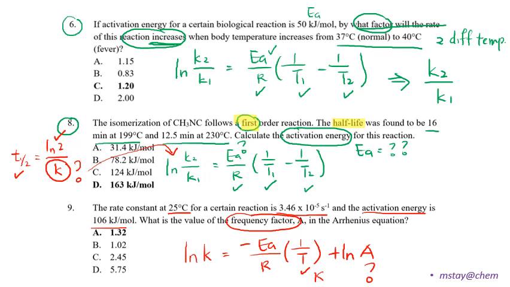R is 8.314 joule per mole per Kelvin. And the activation energy is also given, but don't forget to change the unit from kilojoule per mole to joule per mole. The rate constant is also given. So we only have one unknown, then we can solve this question.